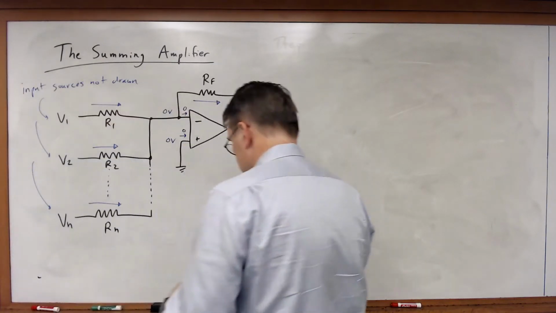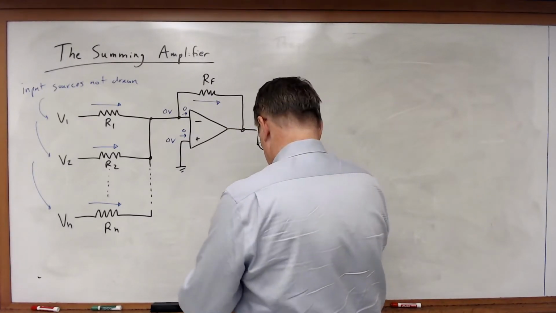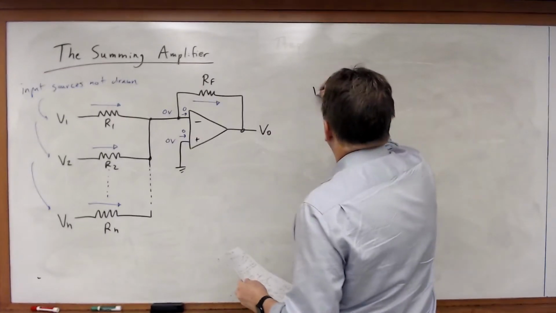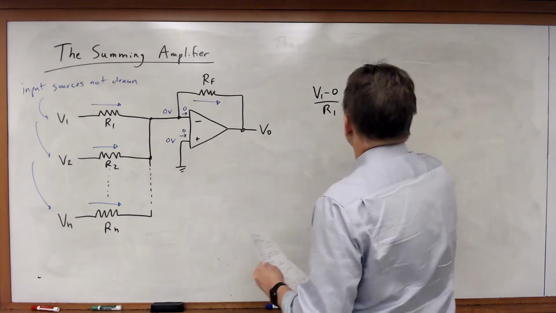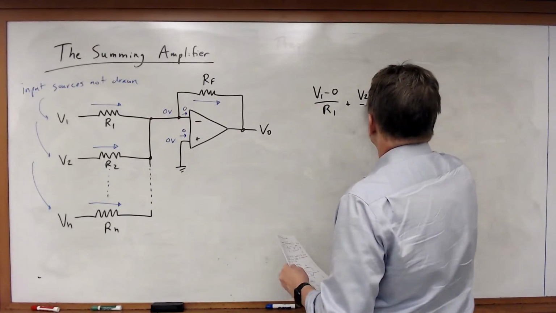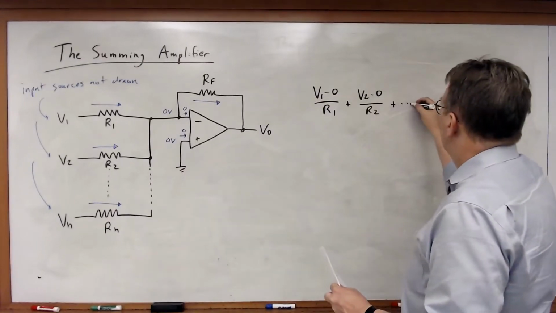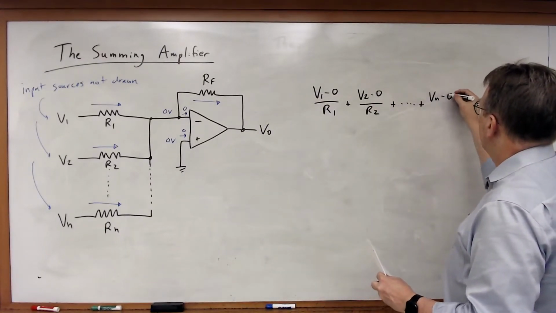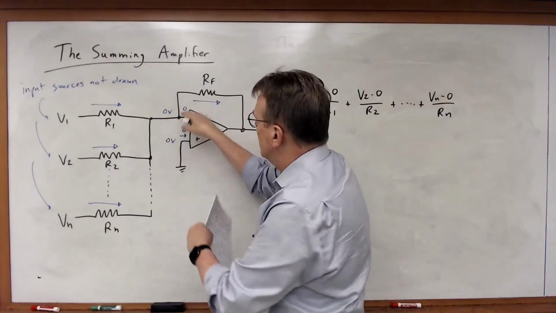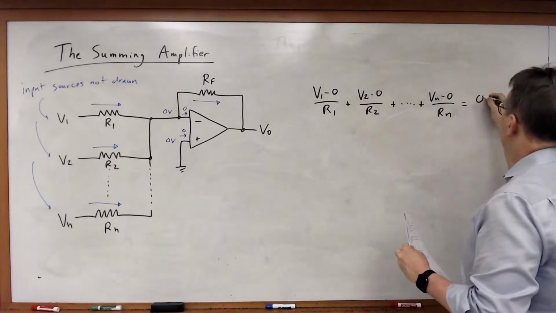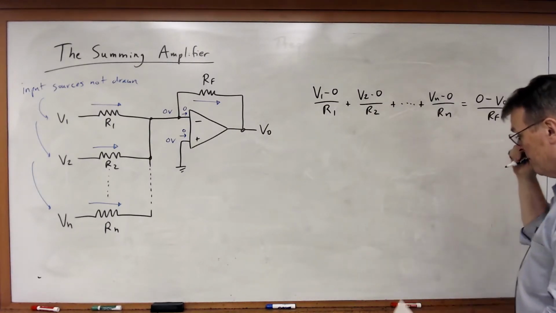So in this case, what I've got is that V1 minus 0 over R1 plus V2 minus 0 over R2, all the way through Vn minus 0 over Rn, all of those must sum together and be equal to 0 minus VO over RF.